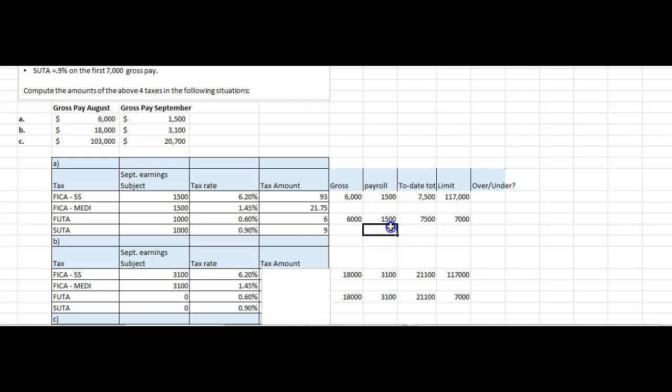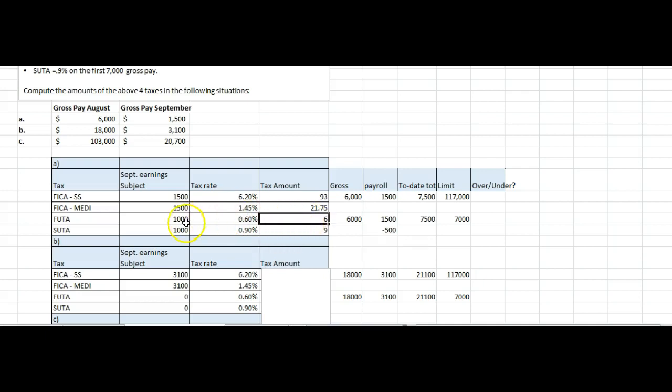So that means I can only charge tax on $1,000, because that will take me to $7,000, the limit. So it's $1,000 times 0.6%. Don't type in 60%. It's 0.6%, which gives me $6.